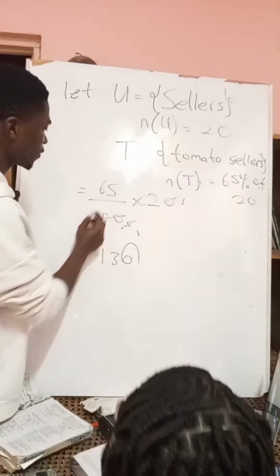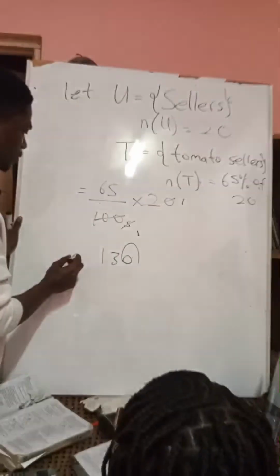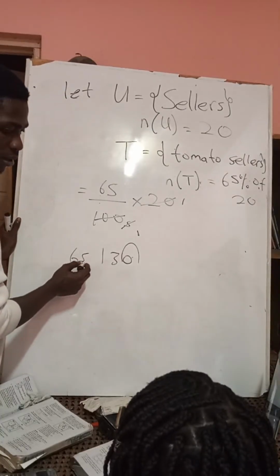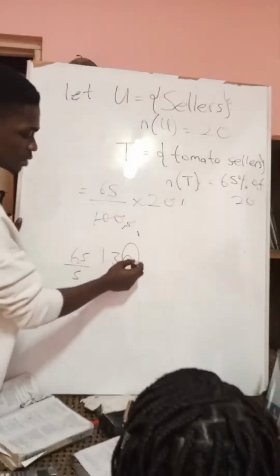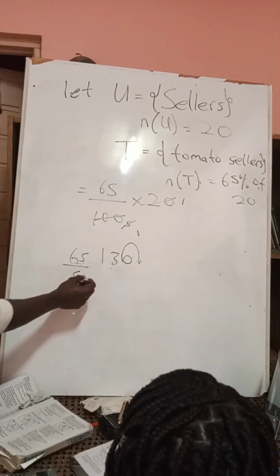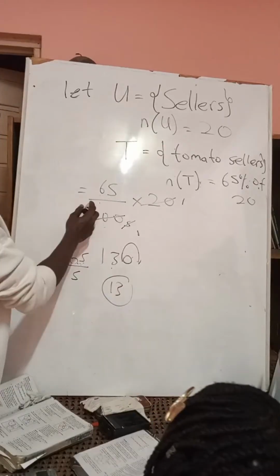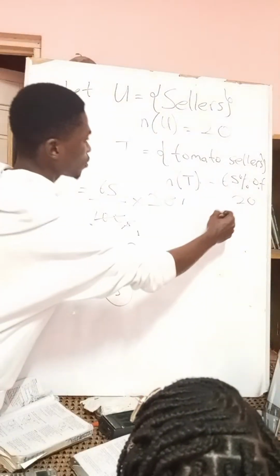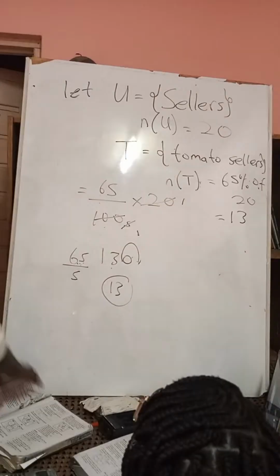This one will be 65 out of 100 times 20. Multiplying 65 by 2 will be 130. Then you divide it by 10, the same as running it backwards. So we have 13. It means you get 13 people who sell tomatoes. 13 people who sell tomatoes.